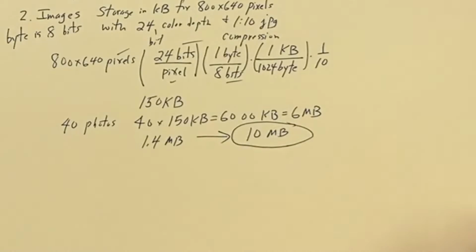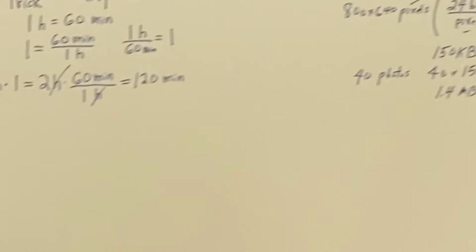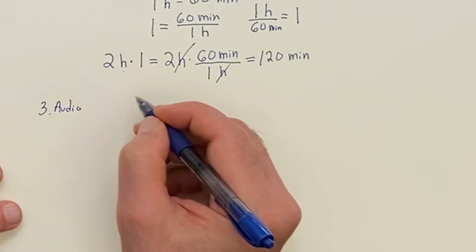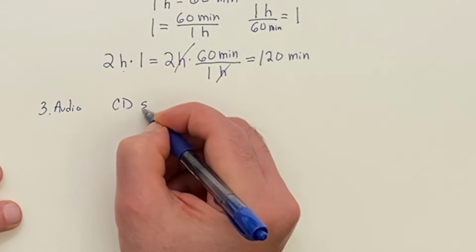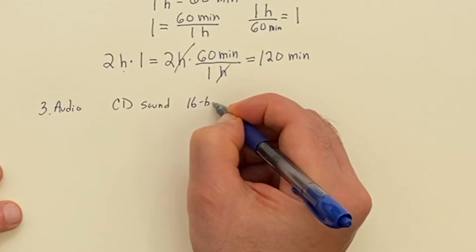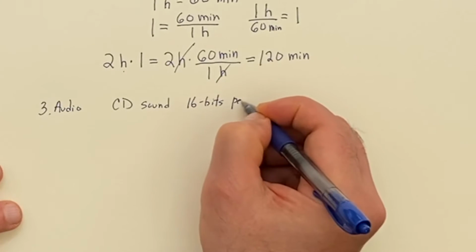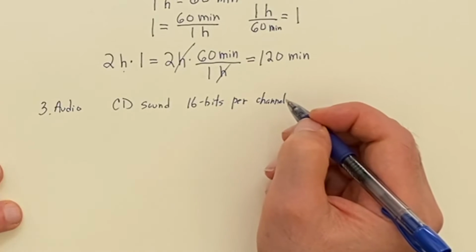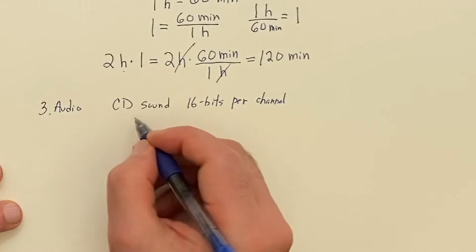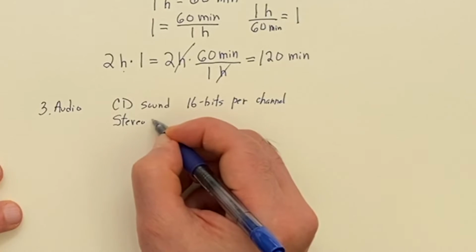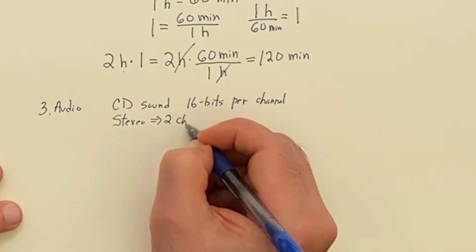Okay, let's do another example. Let's do audio. For CD sound, it's given that you need 16 bits per channel, and in stereo you're going to have 2 channels.